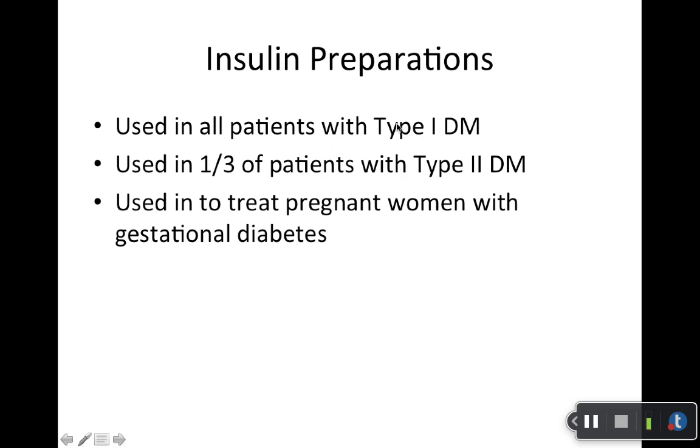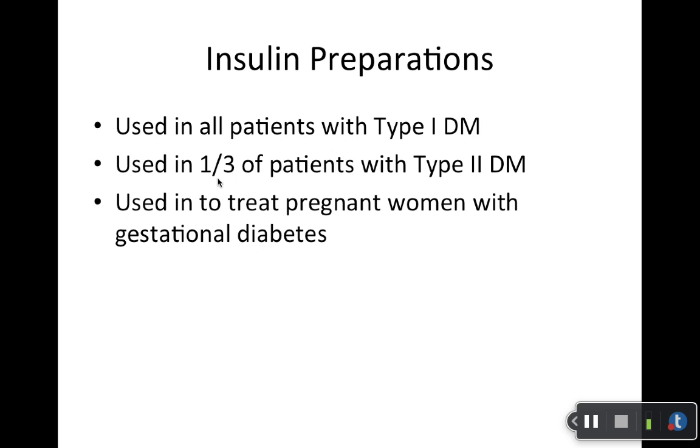Like I said too, they have to be used in all type 1 diabetes patients, and because they do not have any endogenous insulin, you have to administer exogenous insulin. And then it says about a third of type 2, so don't necessarily worry about memorizing that, but just know it's not as common with type 2. However, it's going to depend on what part of the country you end up practicing in. What's your patient population? Are you working with a lot of type 2 diabetics?